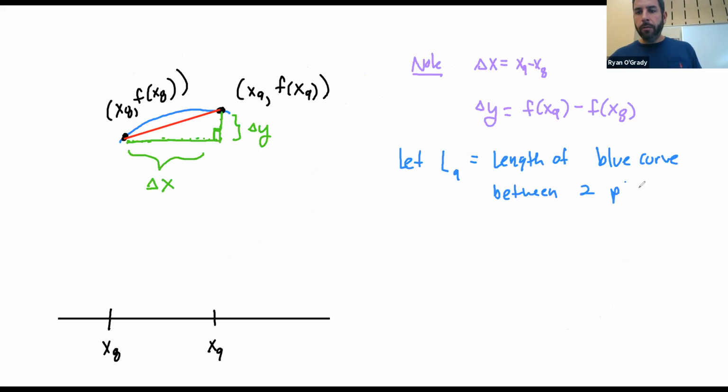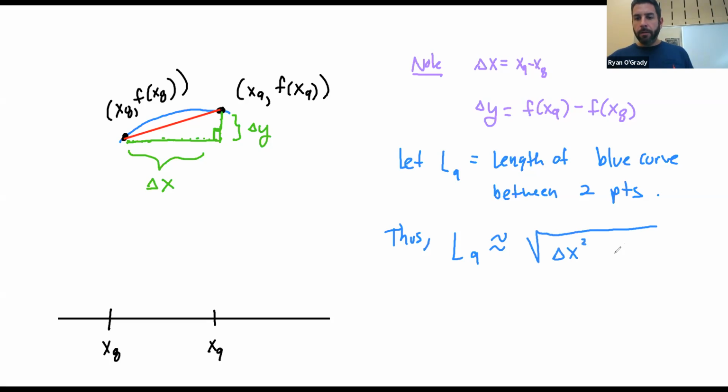between the 2 points. And then note that that means, by the Pythagorean theorem, what is L sub 9 equal to? We can't say exactly what it's equal to, but we definitely know it's approximately the length of the red line. So what is the length of the red line? Well, that is the square root of delta x squared plus delta y quantity squared.